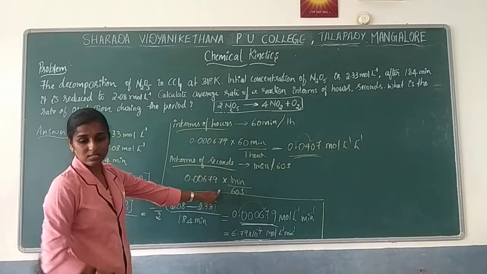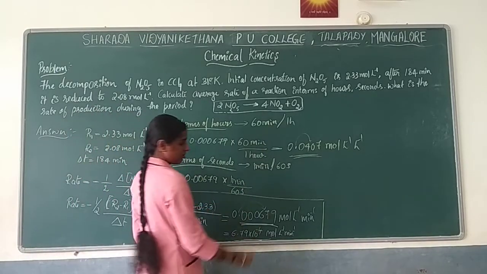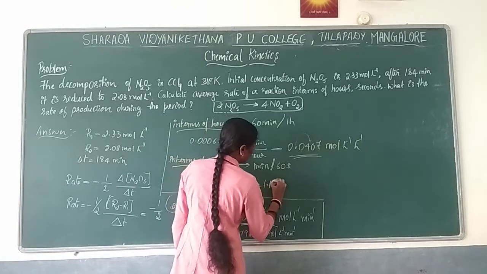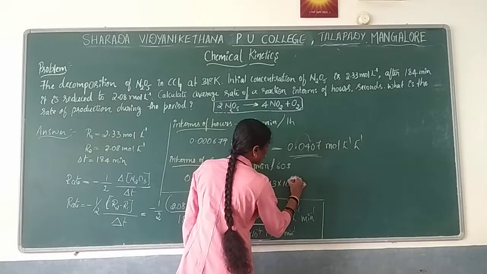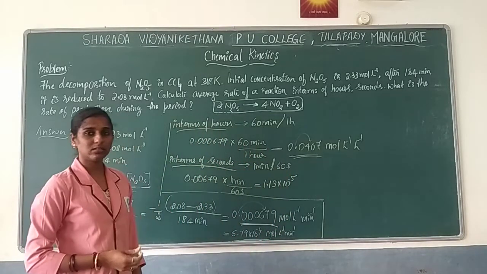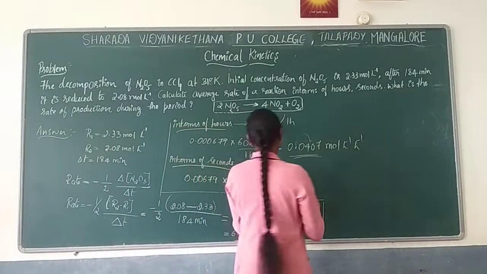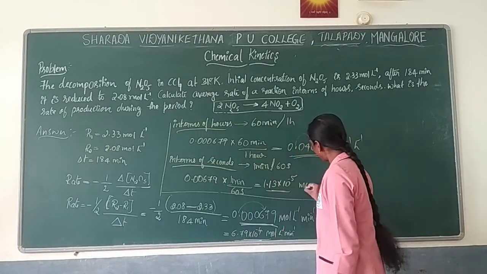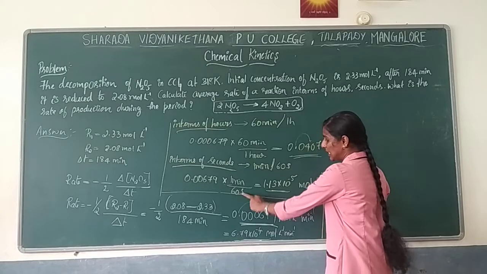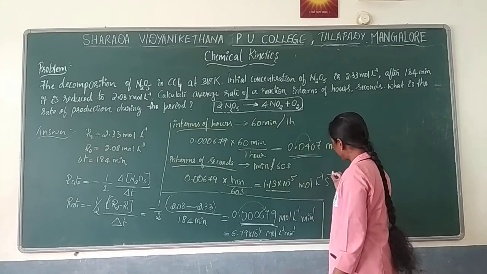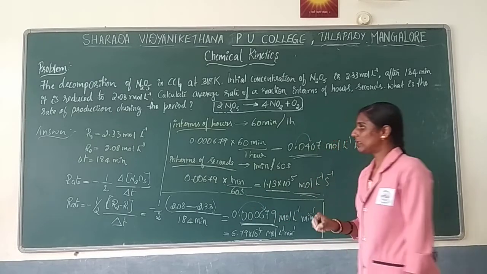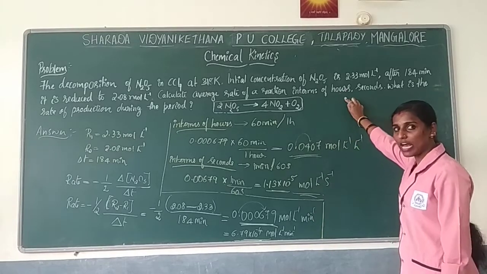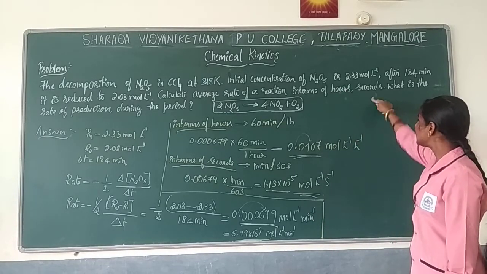Okay, so the answer here you will get is 1.13 into 10 to the power minus 5 mole per liter per second. So this will be the value in terms of hours as well as in terms of seconds.